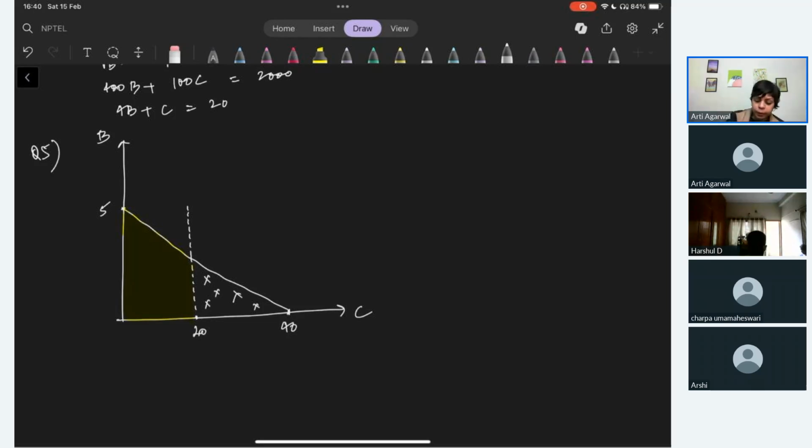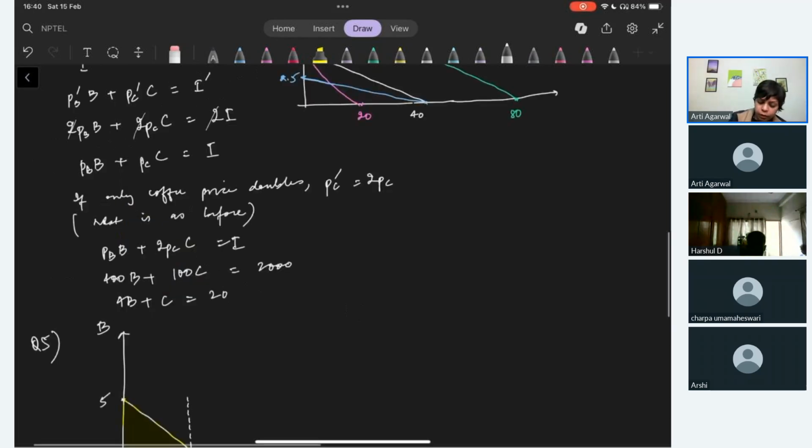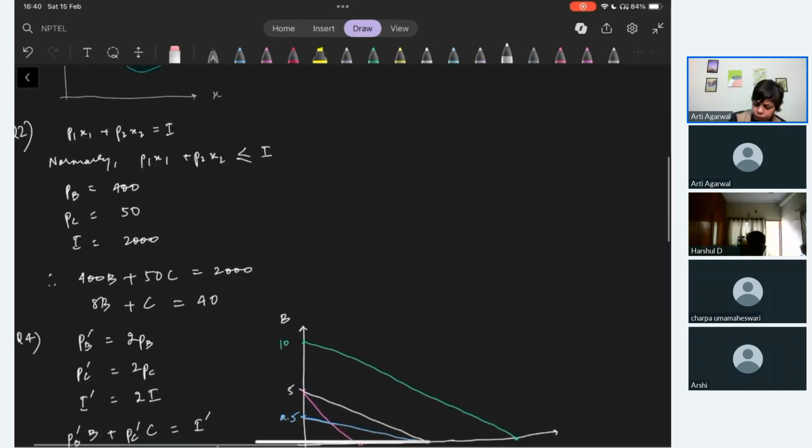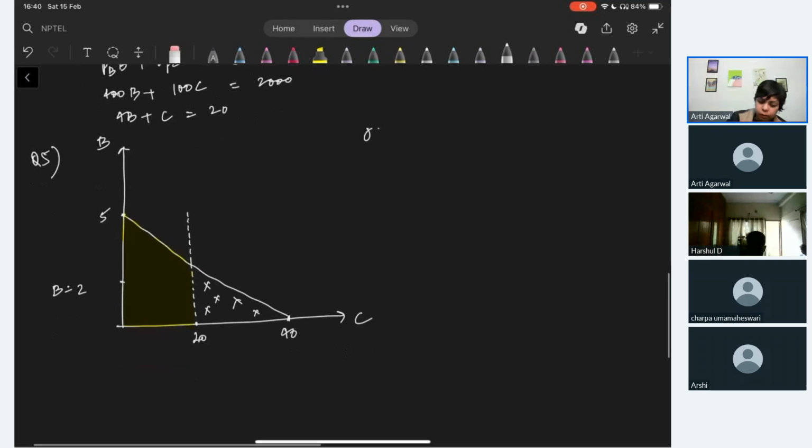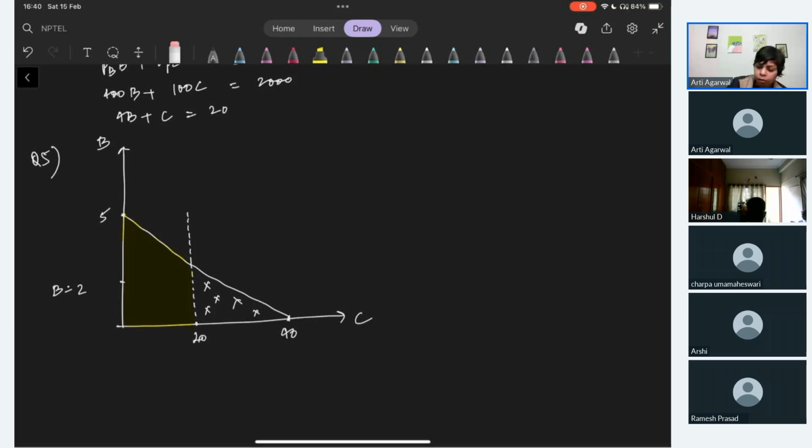Now let's see what happens when B is equal to 2. Our equation is basically the same, but there is one condition we will add to the budget constraint. The original equation was what? 8B plus C equal to 40, right? 8B plus C equal to 40.